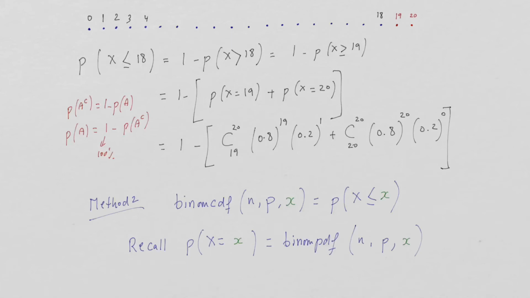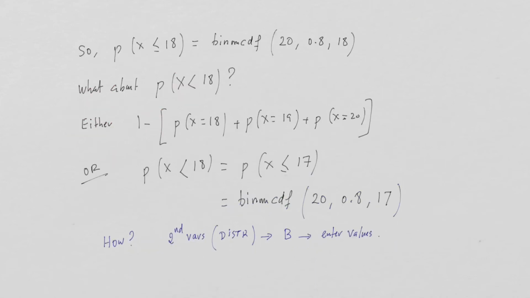So basically cover 18, cover 19, cover 20. Basically means starting from here all the way to 17. True or false? Well, I don't want to count all of these, so I'm going to do 1 minus that probability plus that probability plus that probability. That's what I did here. It's 1 minus the leftover.